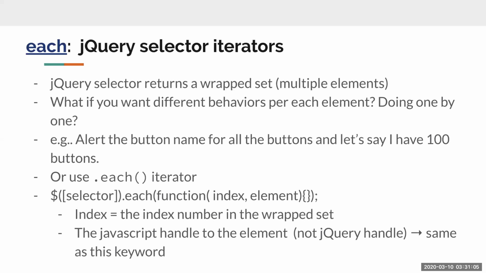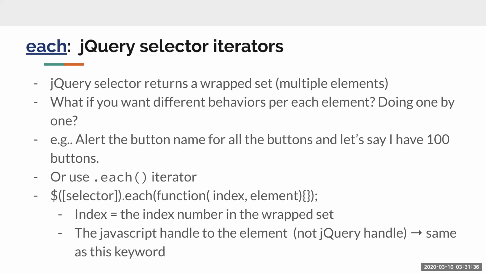again, a jQuery selector is always going to return a wrapped set. A wrapped set is basically an array-like structure, and then the each function is useful to iterate over all the elements inside this selector.